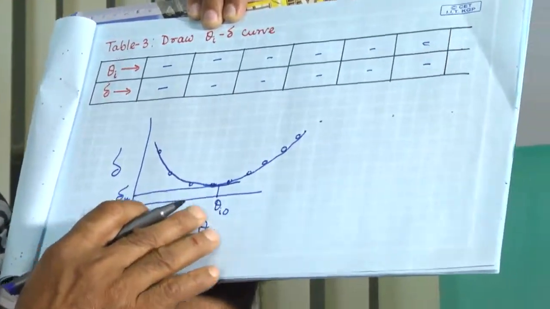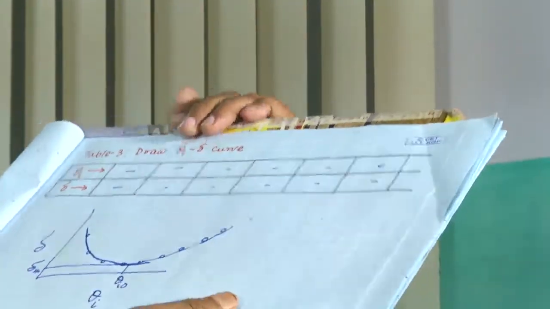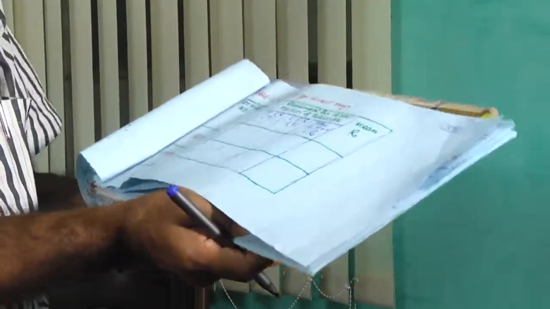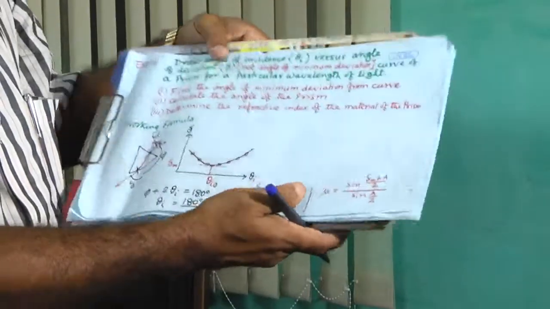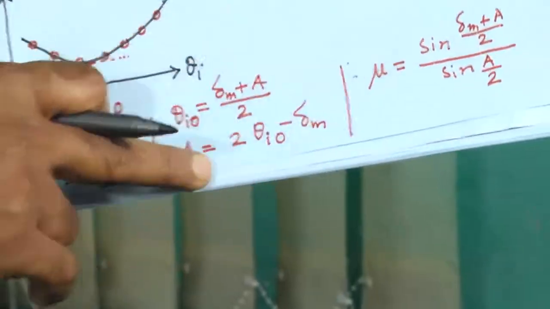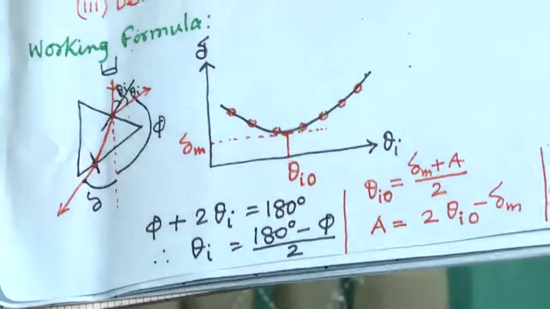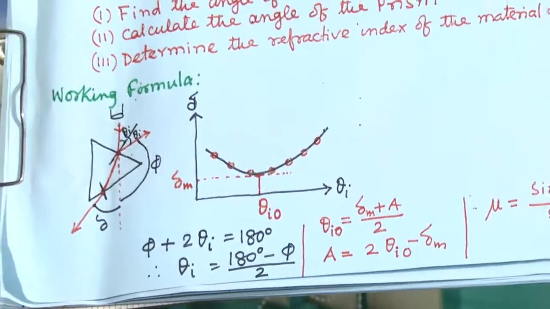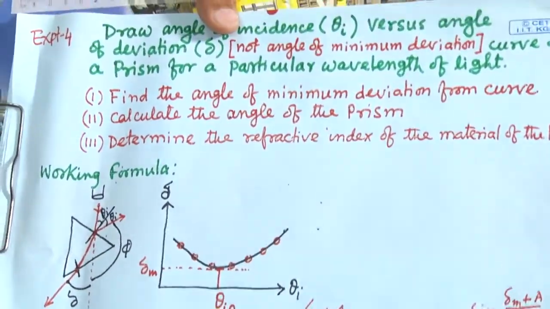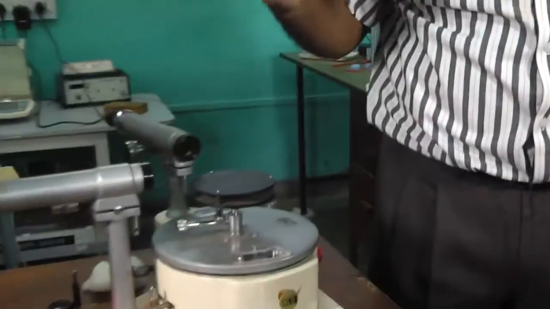So, if you get theta I0, as I showed you, you can calculate the angle of prism using 2 theta I0 minus delta m, or you can find out the angle of the prism just doing the experiment, okay. How, I already explained.